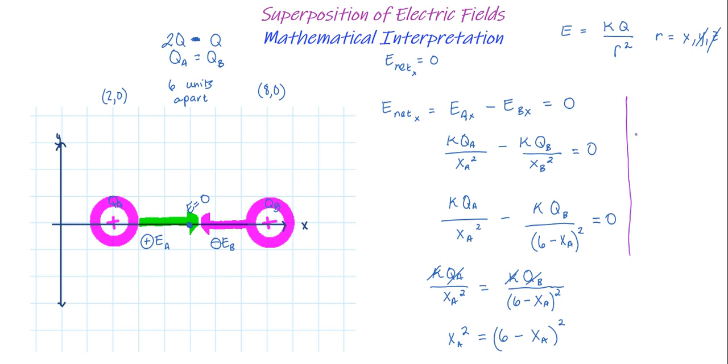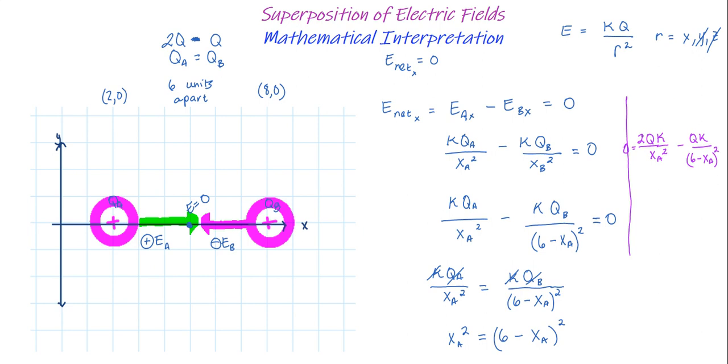But what we're going to have to do at this point is put 2Q for this first one, so 2Q times K, or 2KQ, over XA squared minus QK over, and we'll have the same expression here, 6 minus XA squared, and that's going to equal 0.